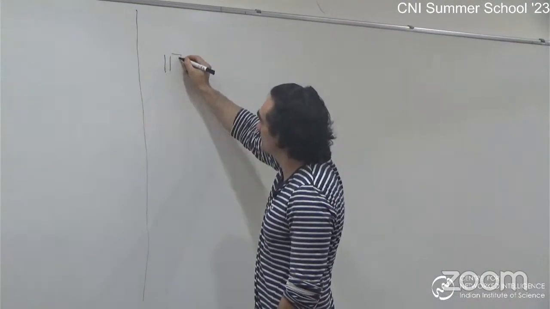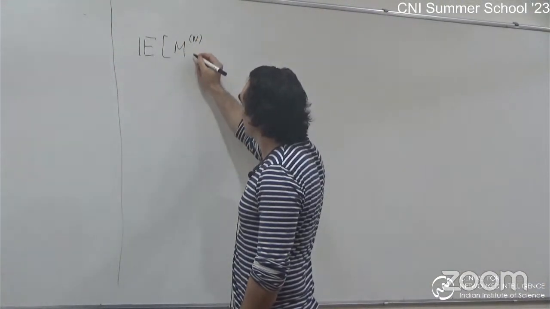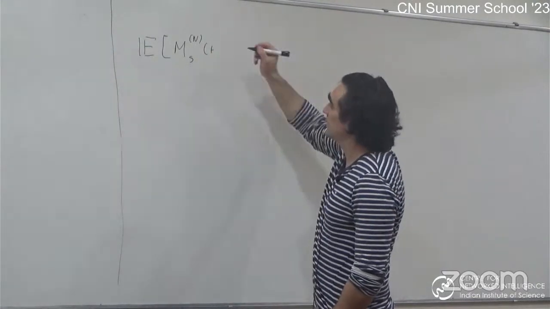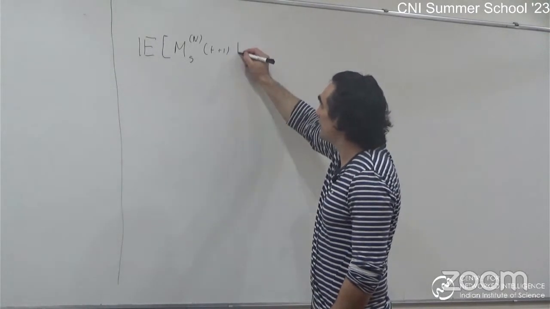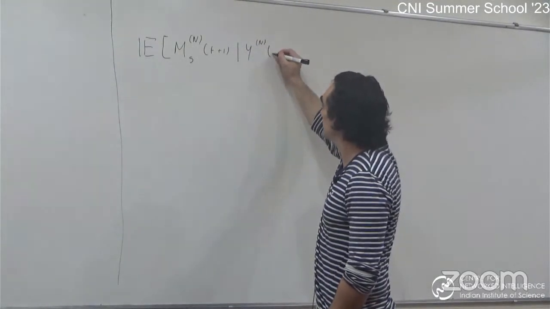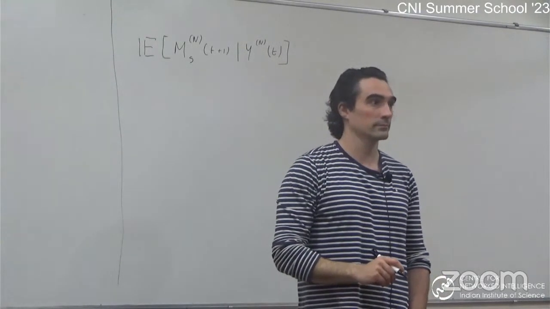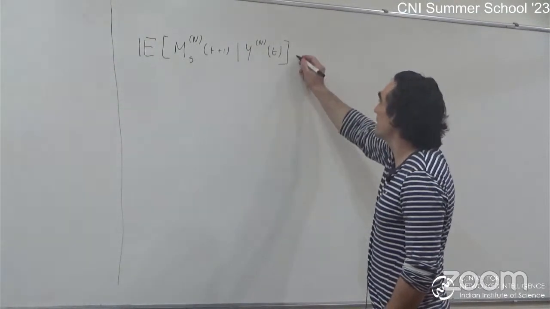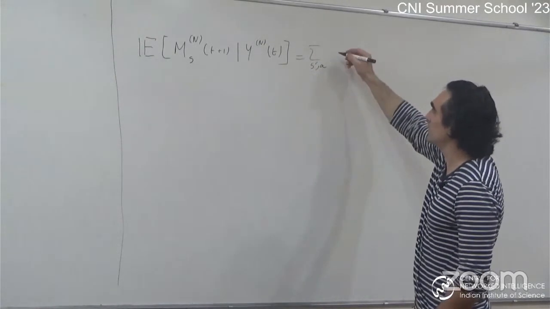What is the expectation of the fraction of arms in state S at time t plus 1, knowing Yn? So basically knowing my action at time t. This is nothing more than, we have done this calculation 10 times yesterday.